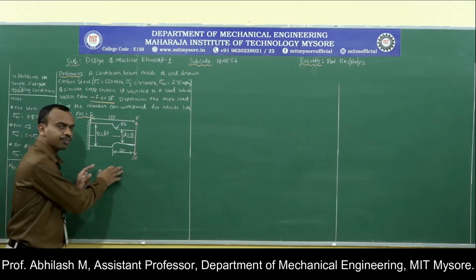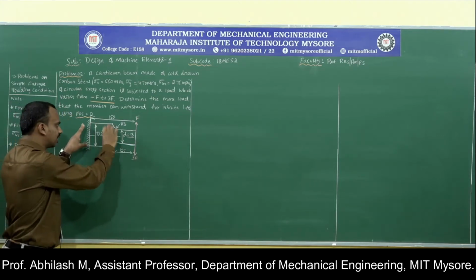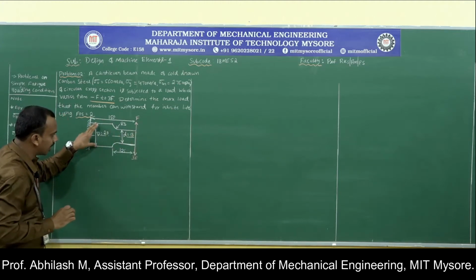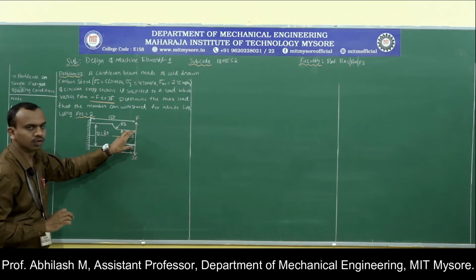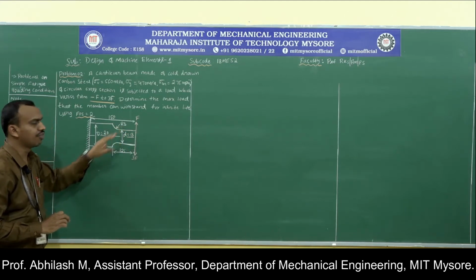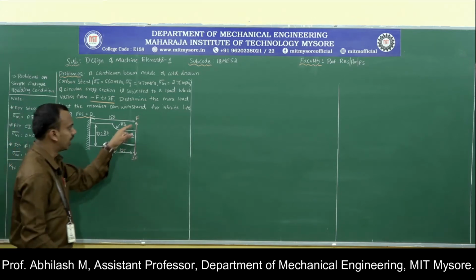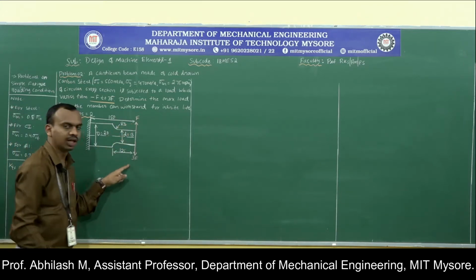So we have a stepped circular shaft, stepped down with a fillet radius of R, subjected to a load which varies from minus F to 3F.